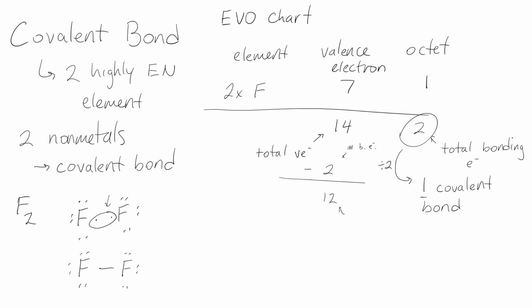What this represents is the total number of non-bonding electrons, valence electrons on the elements that don't participate in bonding. So that gives us some useful information: we have one covalent bond and 12 non-bonding electrons.